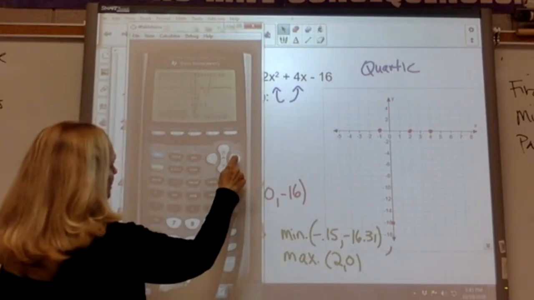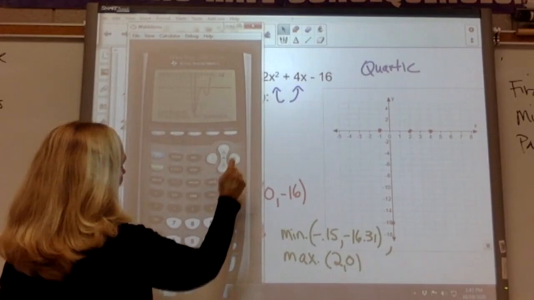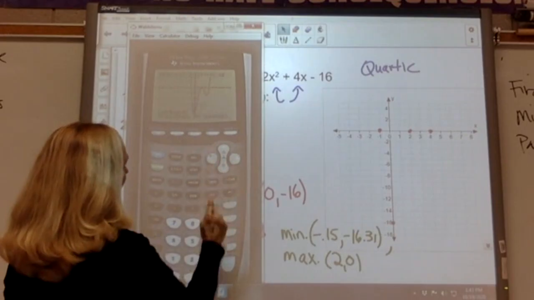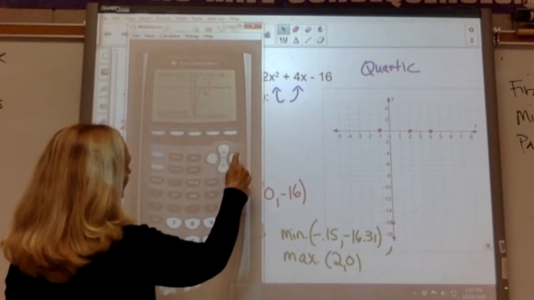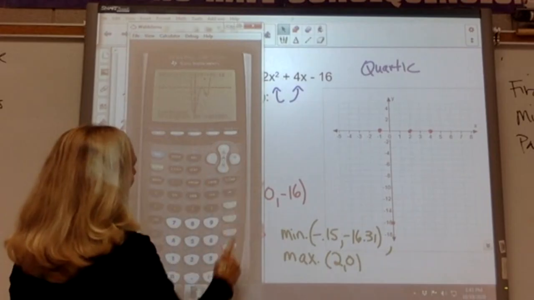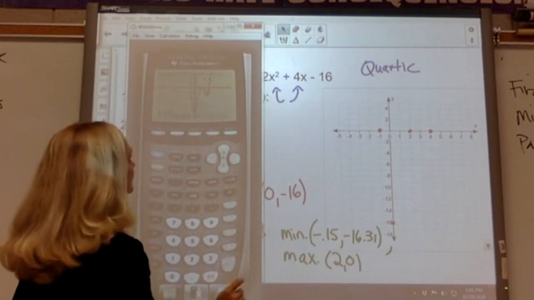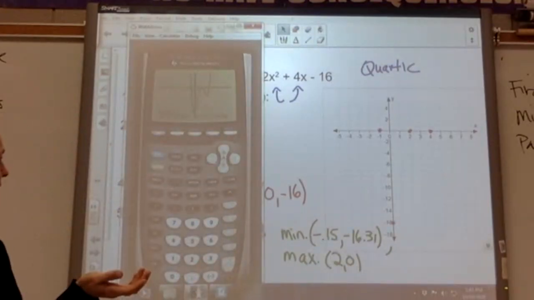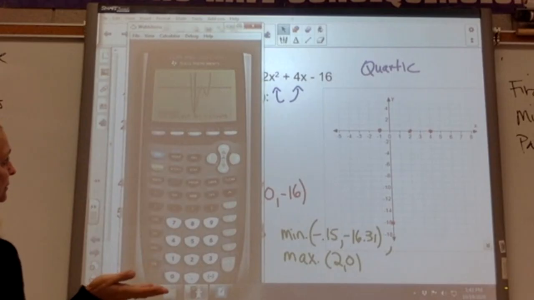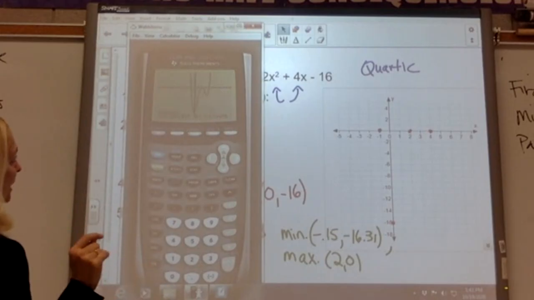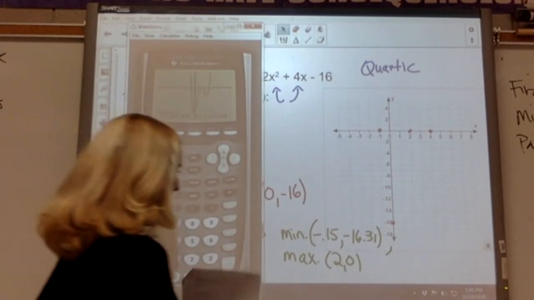So now move it over here to this other one. Go to the left side of the little valley, press enter, right side of the little valley, press enter, and then I try to get it on the low point of the valley. So I get almost 3.4, and then negative 5.17.